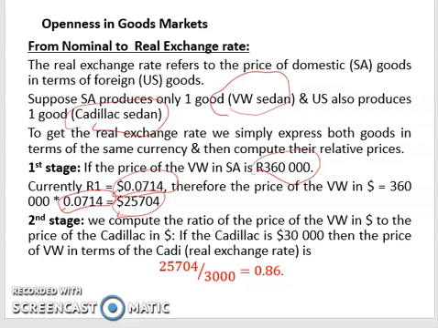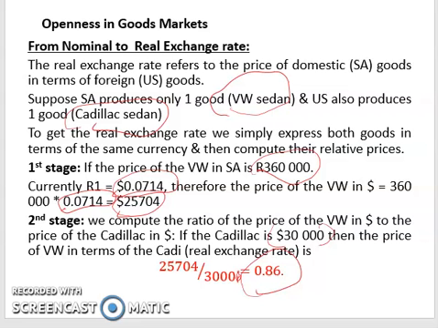So if the price of the Cadillac is $30,000, then the price of a VW in terms of the Cadillac is equal to the ratio of the price of the VW and the price of the Cadillac. So that's $25,704 divided by $30,000, which gives us 0.86.